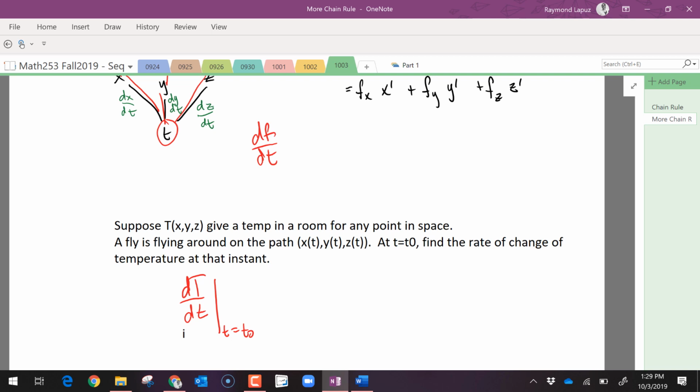Okay. All right. So I don't have an actual problem made up yet. It'll come on the exam. But imagine making up a problem with a function with an x, y, and a z in it, so a function of 3 variables. And then imagine making up a path, x of t, y of t, z of t.